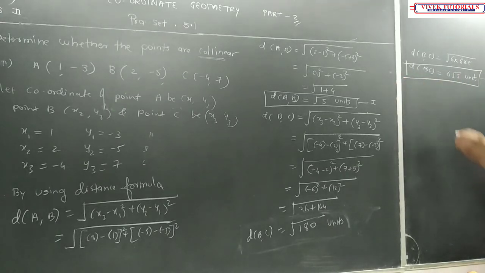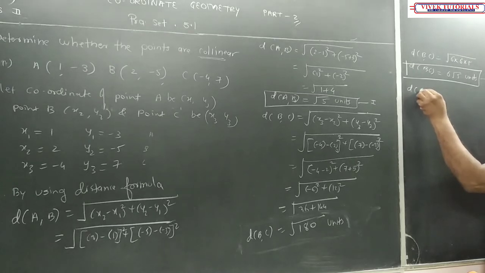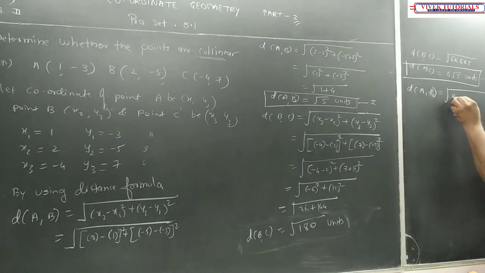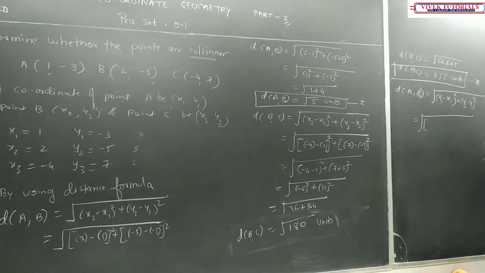After that, we are going to find out distance AC is equal to under root (x3 minus x1) the whole square plus (y3 minus y1) the whole square. That is equal to, in square bracket, the value of x3 is -4, minus 1 the whole square, plus 7 minus -3 the whole square.